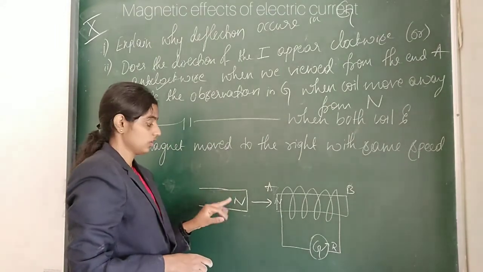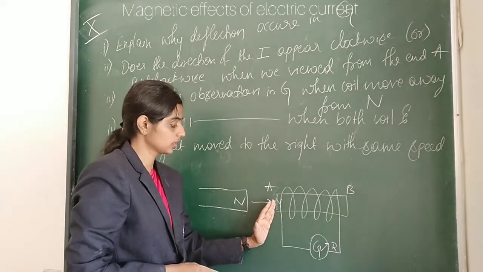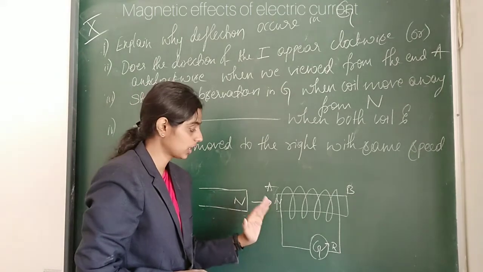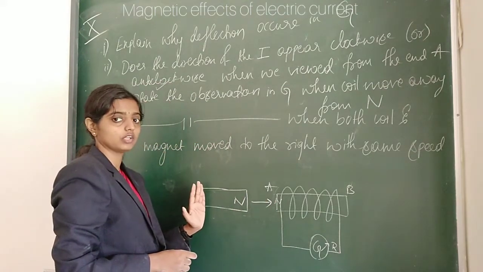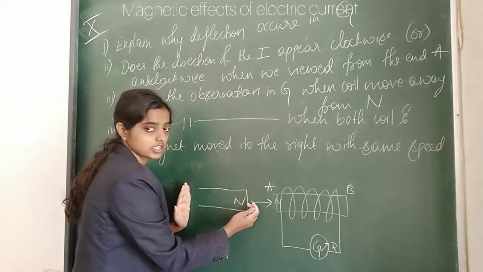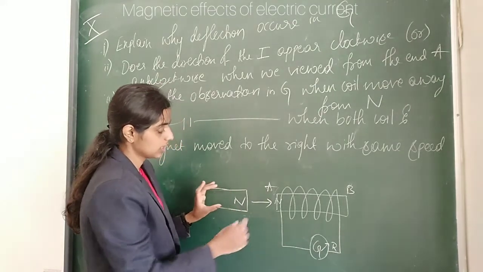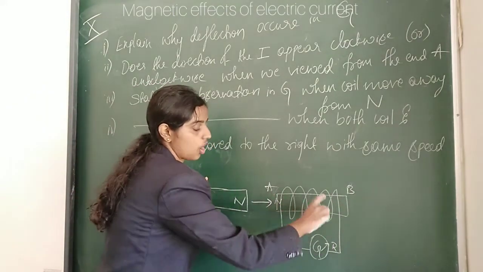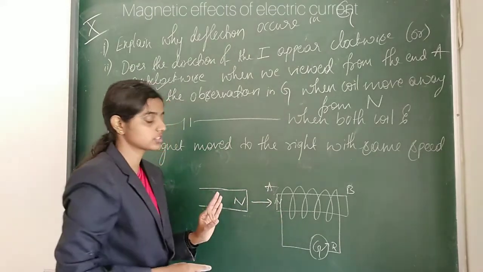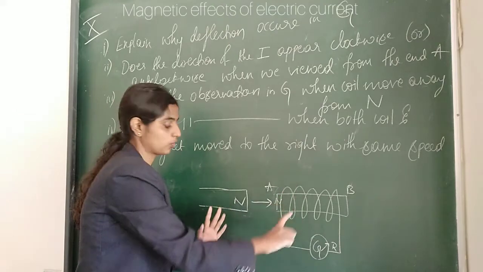What I told is, when the north pole is moving towards the coil, we will get right deflection, and when it is moving away from the coil, we will get left deflection. And I mentioned it when the magnet is moving, but it is also the same when we keep the magnet here and move the coil. Both give the same picture, the same scenario of the same process, right?